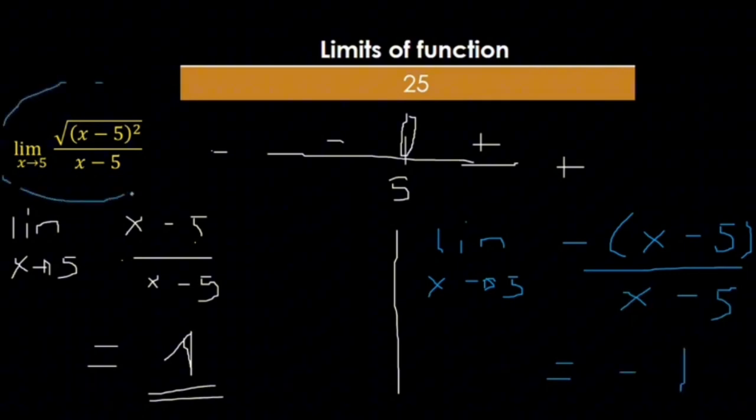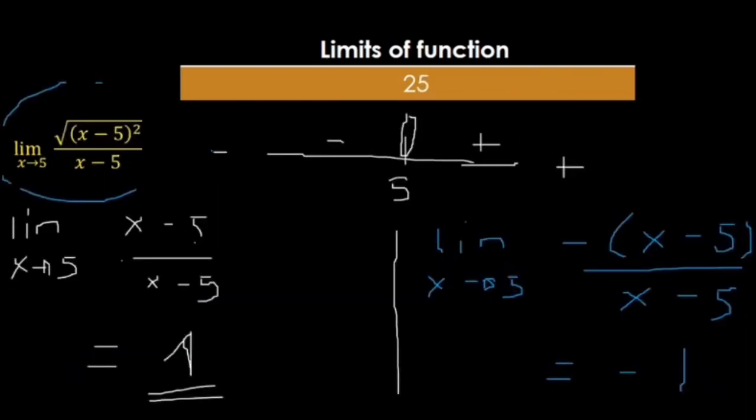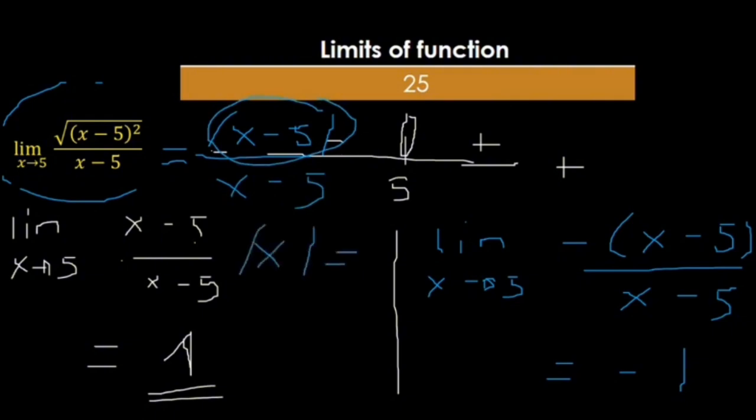Hence, if they give you a question like this one, you have to solve the positive and the negative, since this is equals to magnitude of x minus 5 all over x minus 5, and you cannot directly take the positive part of it because it's the magnitude, and magnitude, as we know, is x and minus x depending on the variation of x. Okay, let's proceed.